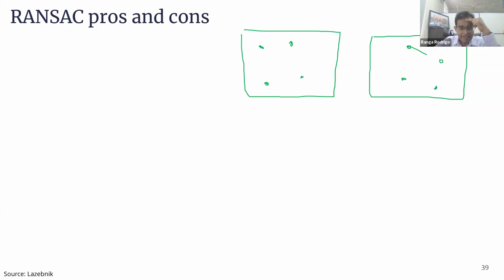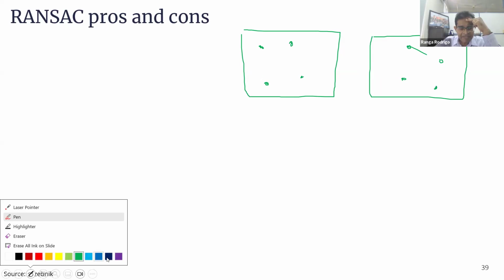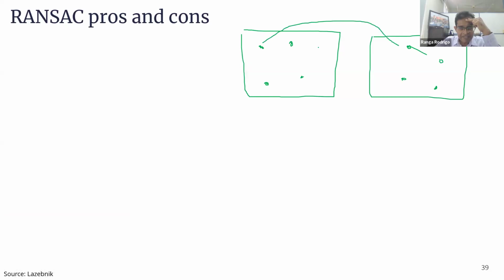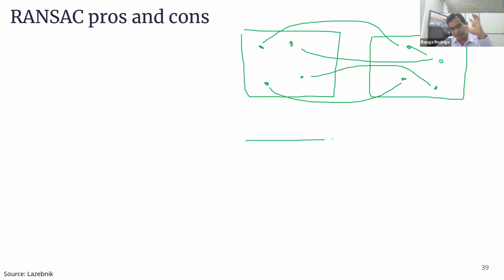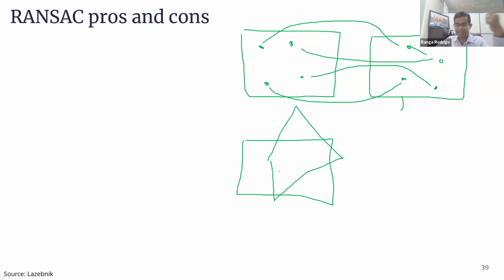We are given that the point matches are this with this, this with this, and so on. What we want to do is compute a transformation that warps that image and matches the points. That's what we want to do.